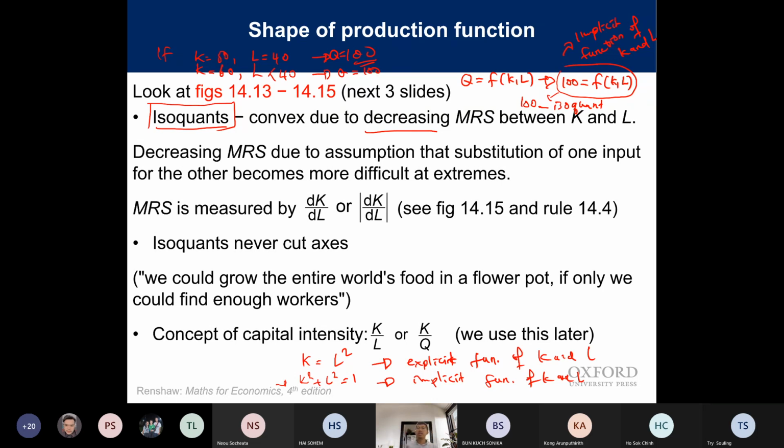So if you want to maintain the output, this means that if you want to recruit more labor into the production, you have to turn off some machines, right?